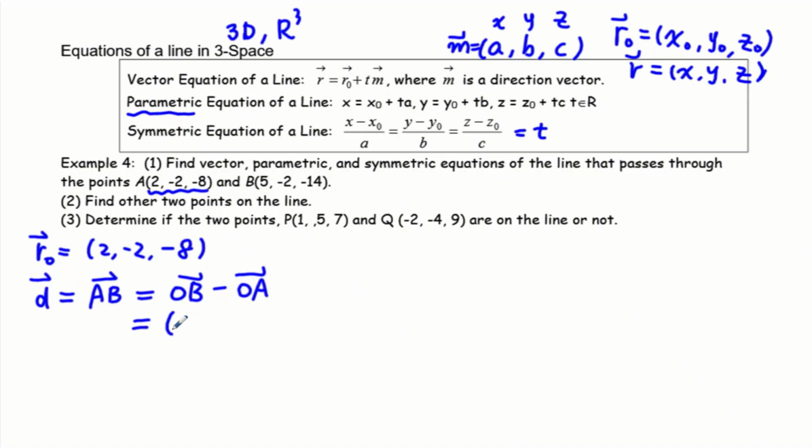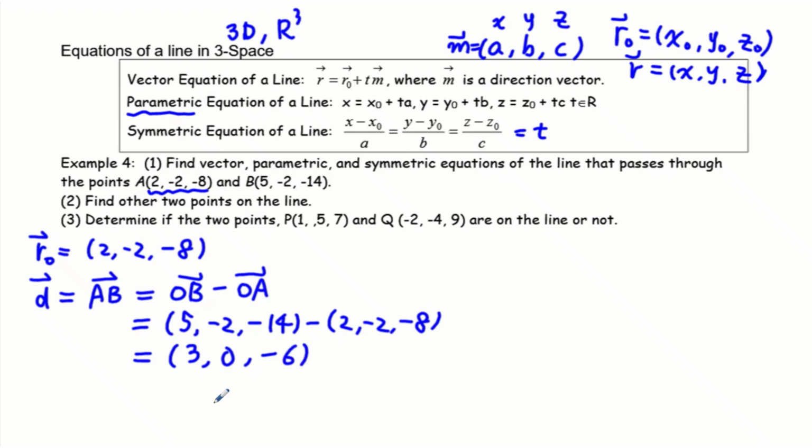Then we substitute: OB is 5, negative 2, negative 14, subtract 2, negative 2, negative 8. For the x direction, y direction, z direction, we do integer adding and subtracting. So x direction, 5 minus 2 is 3, negative 2 minus negative 2 is 0, negative 14 minus negative 8 is negative 14 plus 8, which is negative 6.